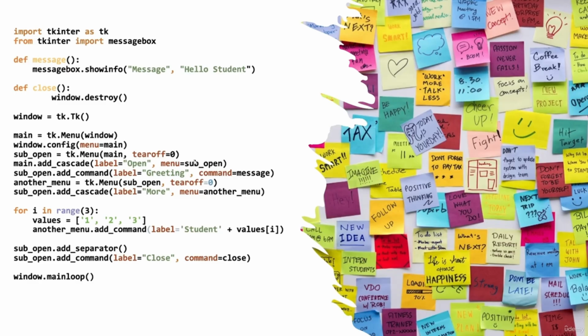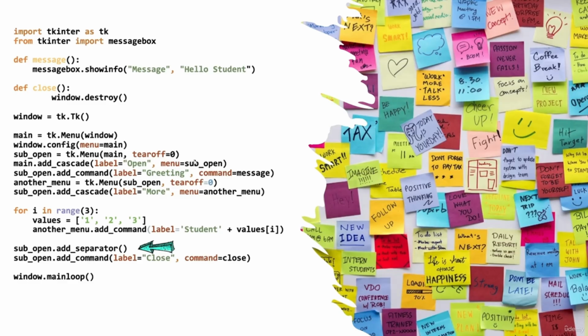Now we will use a simple for loop, which will help us add multiple menu items with the help of the add command method. So instead of writing 3 separate lines of code, we can simply use the for loop. Next, we will use the add separator method to have a separator line between the new submenu items.